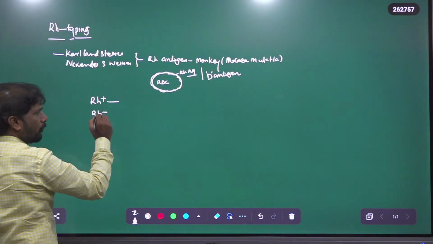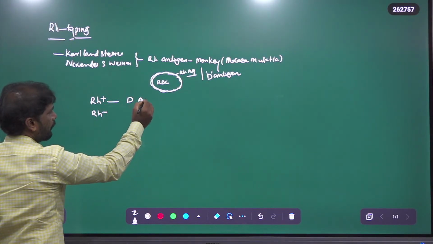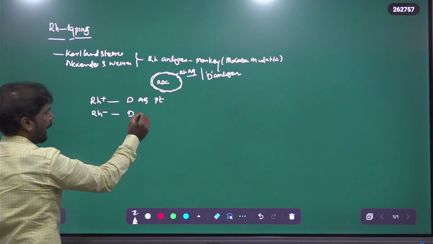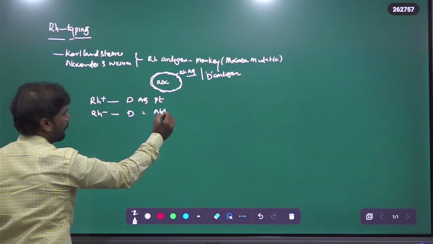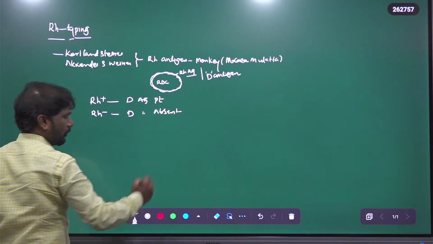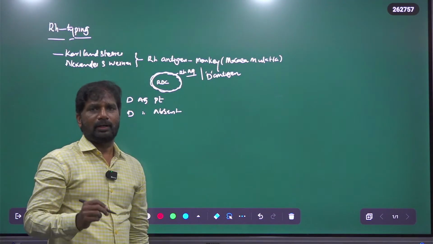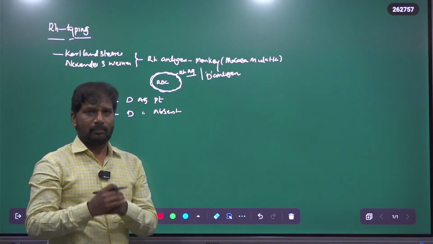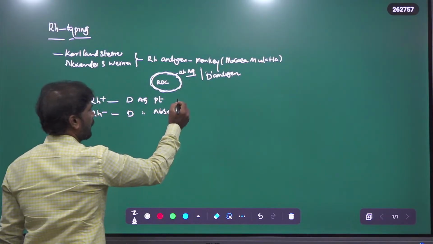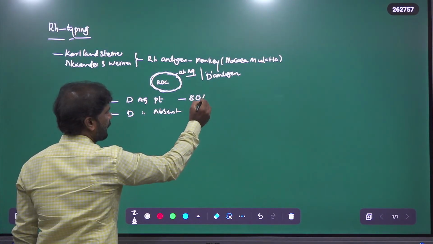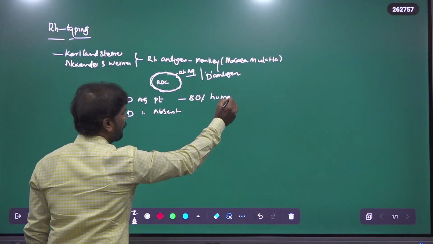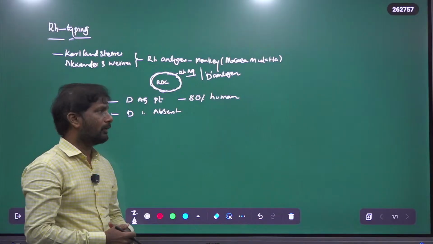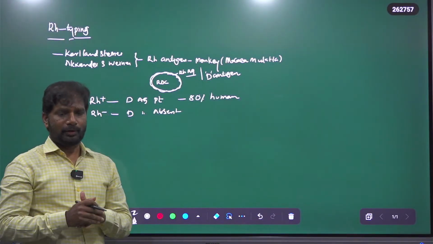So RH positive means the D antigen is present and RH negative means the D antigen is absent. Generally, worldwide and in Indians, 80% of humans are RH positive. This is general information about RH typing.